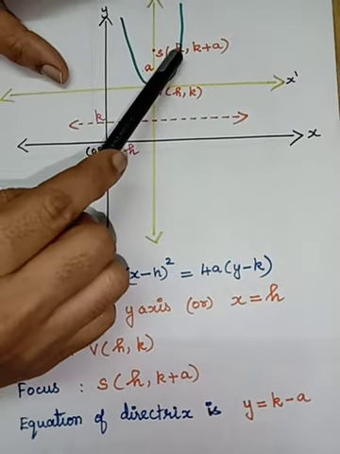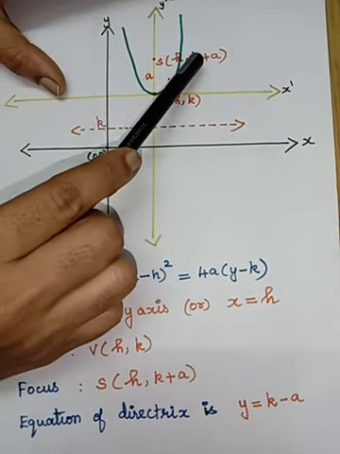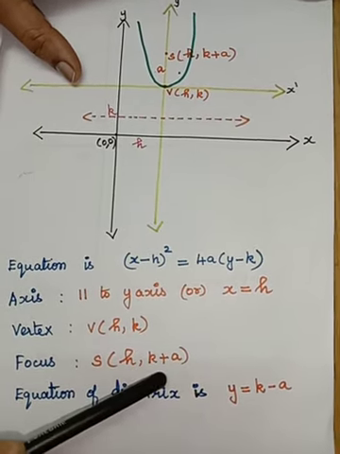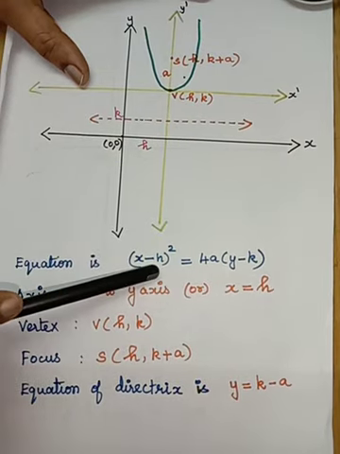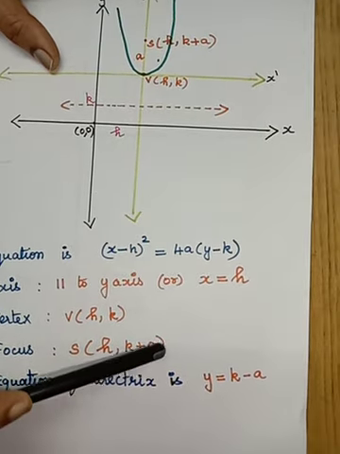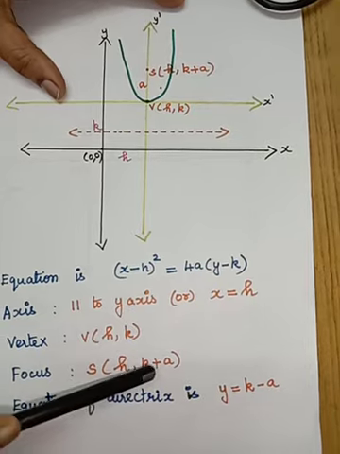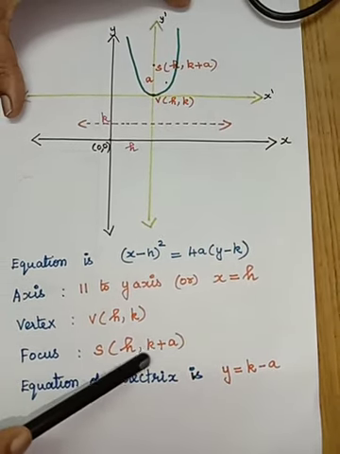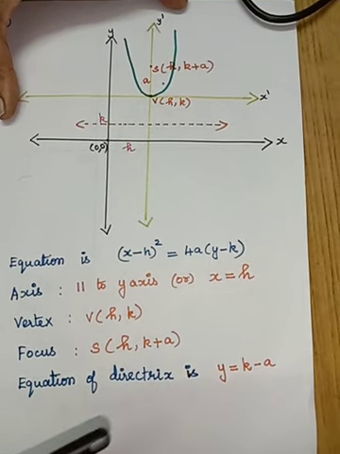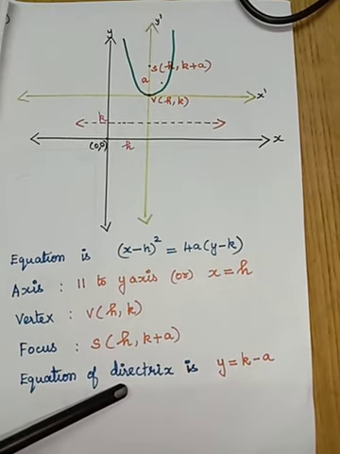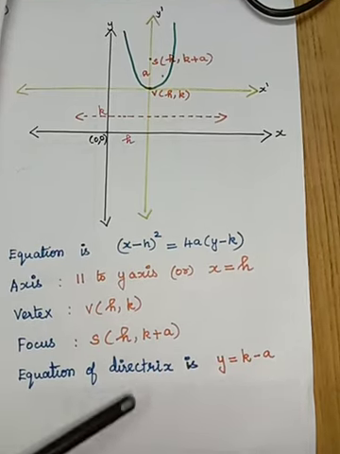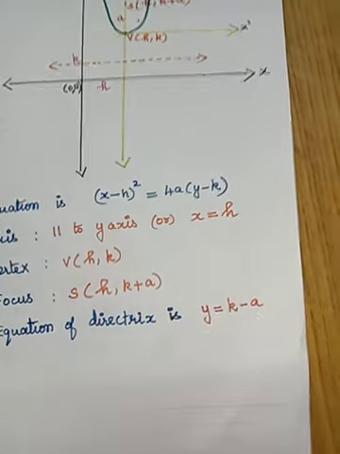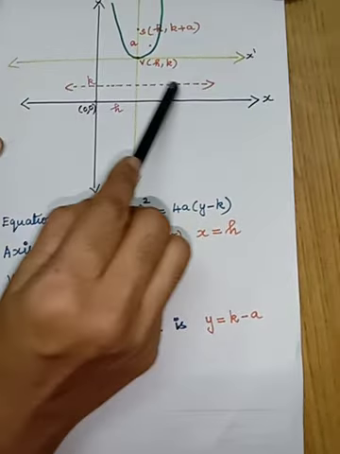So the focus is h comma k plus a, because for the parabola which is parallel to the y axis, all the changes happen in the y coordinate. How is the directrix? It's opposite to the focus. The directrix is a line, so y is equal to k minus a.